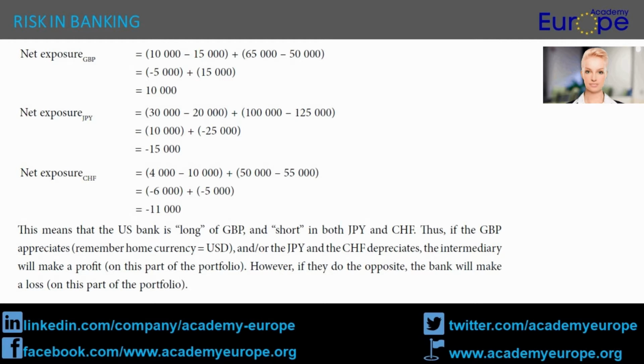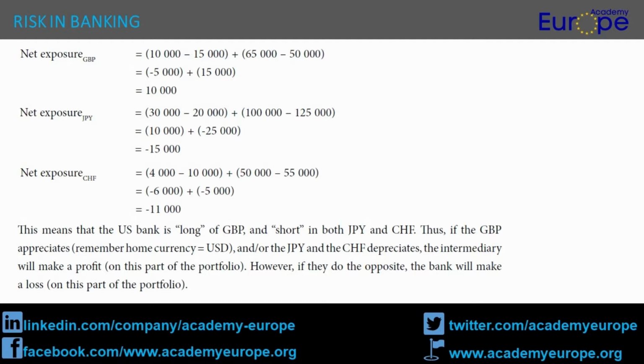Equal 30,000 - 20,000 + 100,000 - 125,000 = 10,000 + -25,000 = -15,000. Equal 4,000 - 10,000 + 50,000 - 55,000 = -6,000 + -5,000 = -11,000.